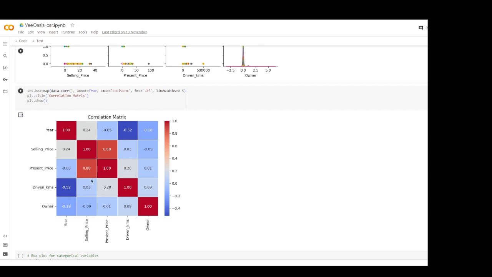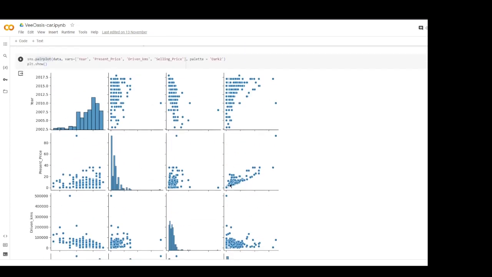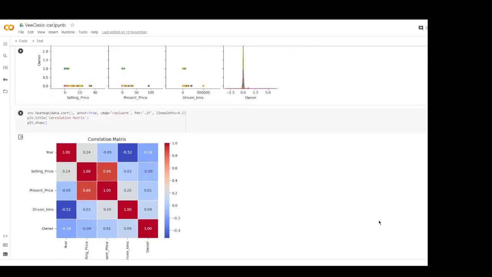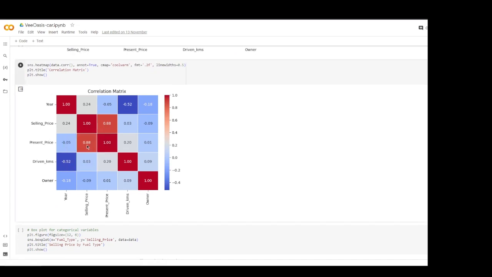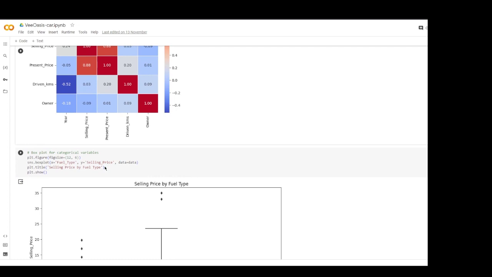Over here we can see that the selling price and the present price are highly correlated, as we had already seen in the pair plot also. But the correlation matrix tells us the accurate correlation value. And then we can say that the selling price and the year are related to each other, and the present price and driven kilometers are also related to each other. So this might play an important role in training our ML model.